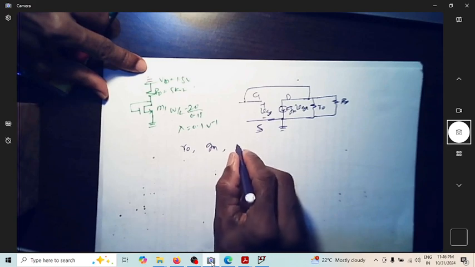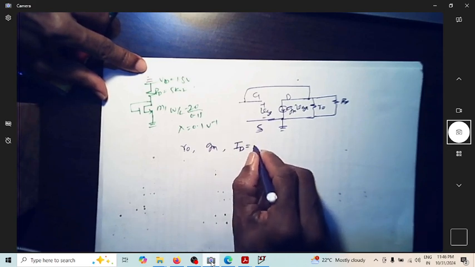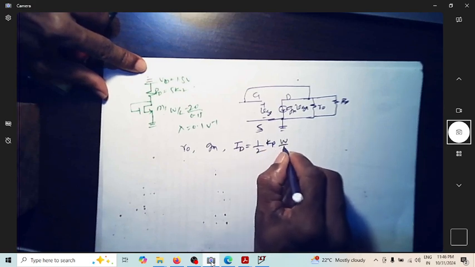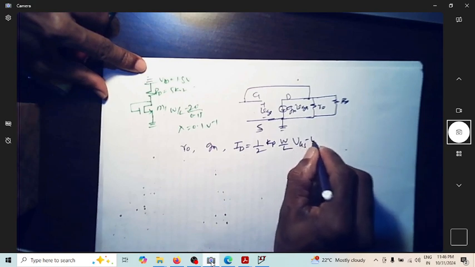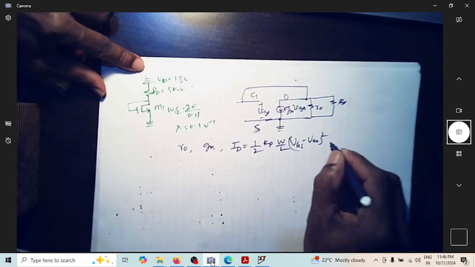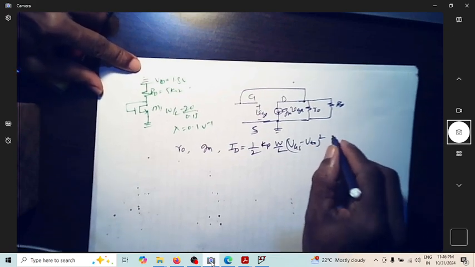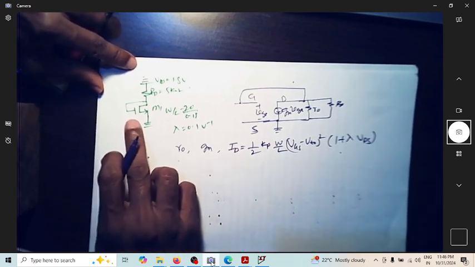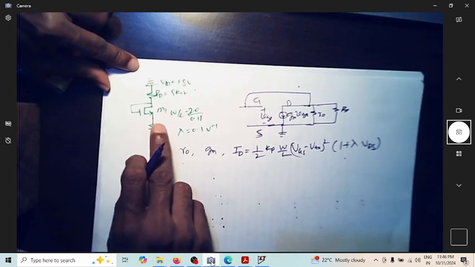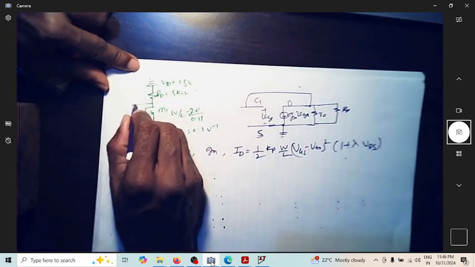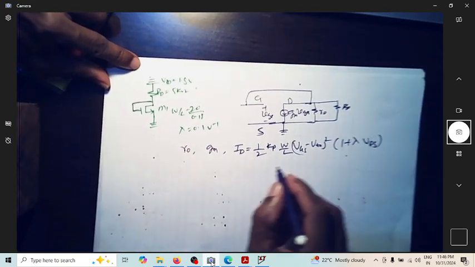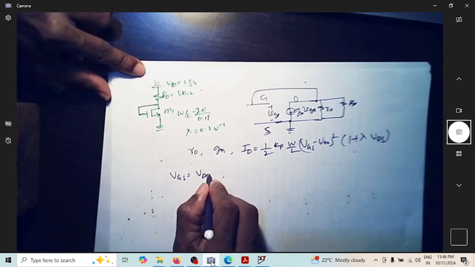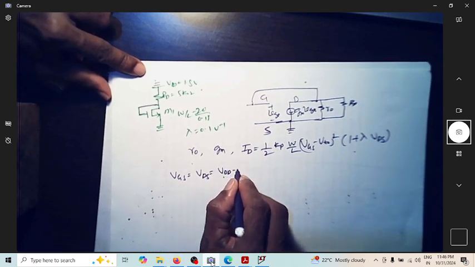For which I should know the value of ID, which is nothing but half Kp W by L (VGS minus VTO) whole square into (1 plus lambda into VDS). But in this case VDS is equal to VGS, because this gate and drain are shorted here, so that I can write VGS is equal to VDS is equal to VDD minus ID RD.